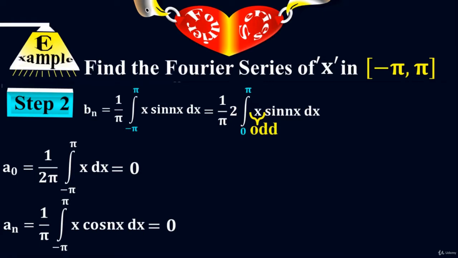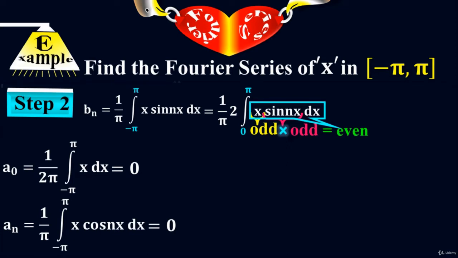Sin nx is also odd. So odd times odd equals even, which means this whole thing is even. Therefore I can find the value of b sub n. If the function is even, you can calculate further, but if the function is odd, it automatically equals 0.